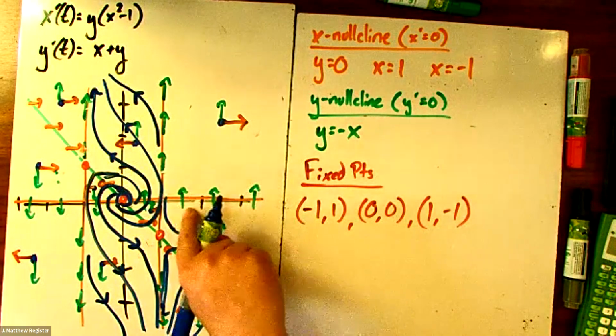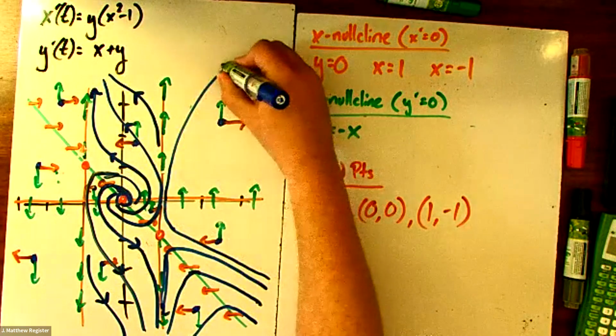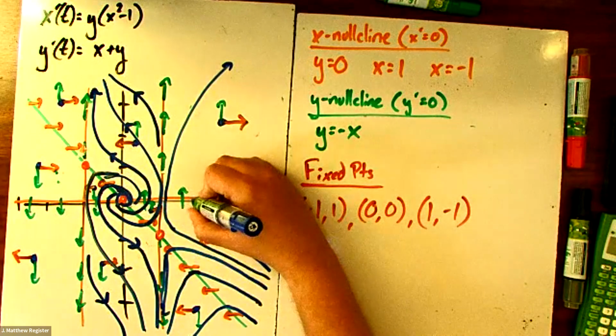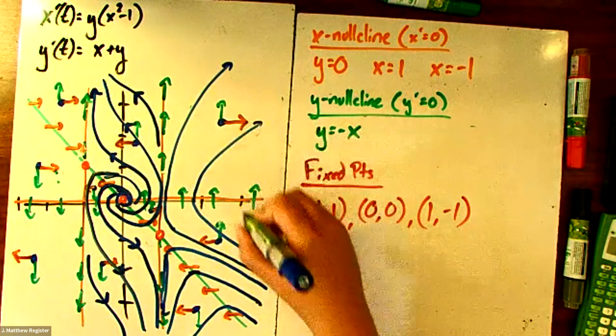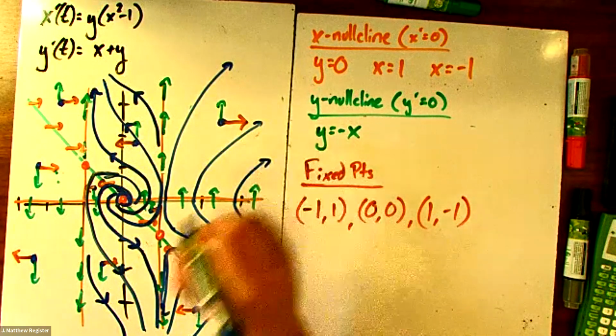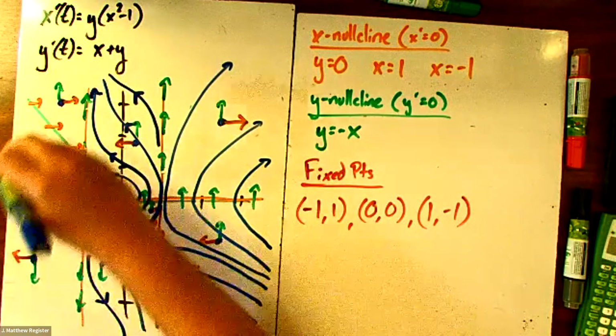But as soon as it crosses here, we'll see that it starts to curve out and up and to the right. How steep it is, we don't know. But we know it's going to be coming up, hit this curve, and then it's going to start going up and to the right. Left side is going to be very similar.